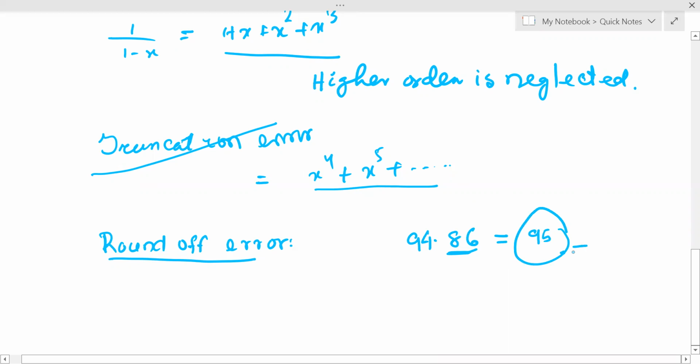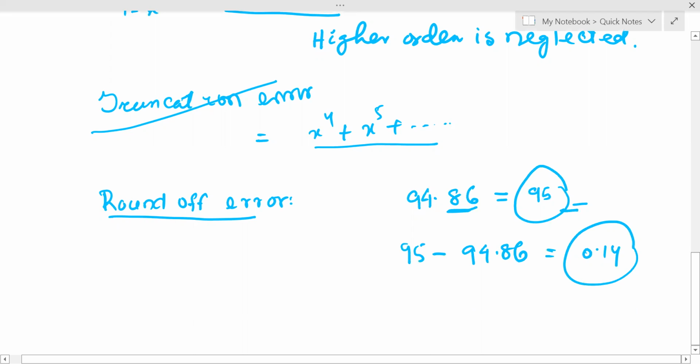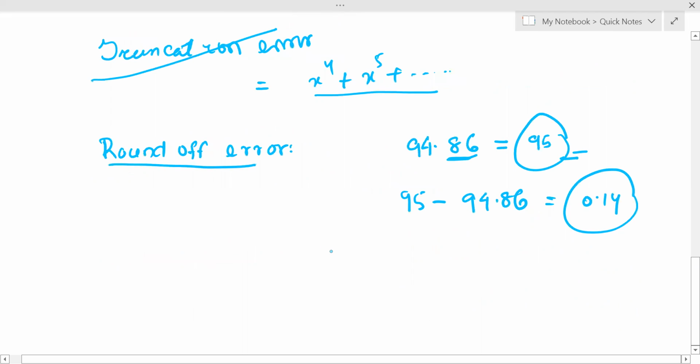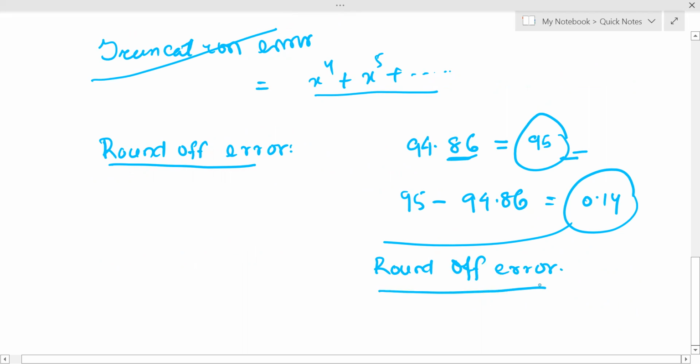This is called rounding off. The round off is 95 minus 94.86, which equals 0.14. This is called the round off error.